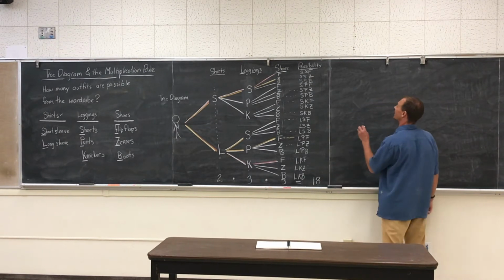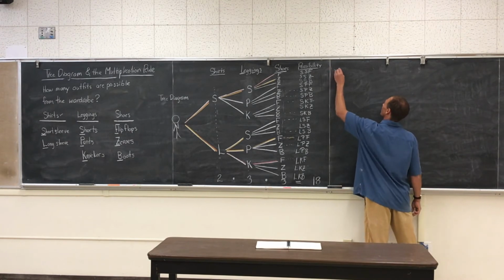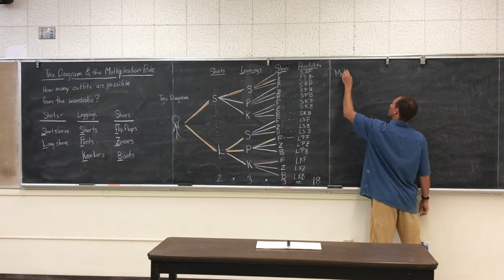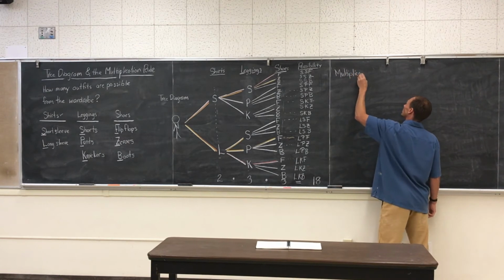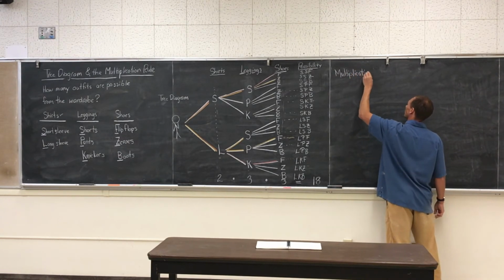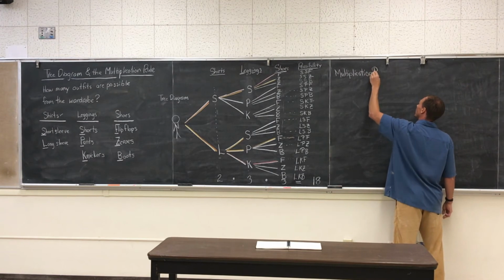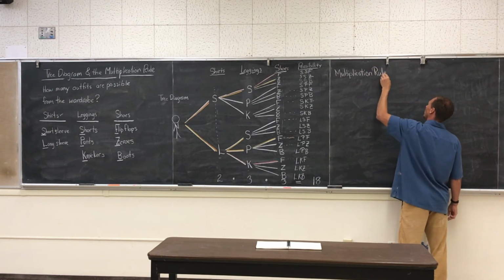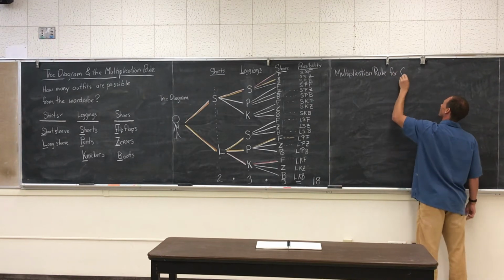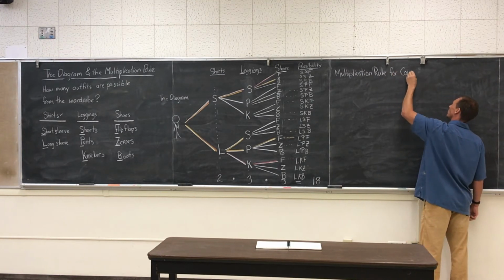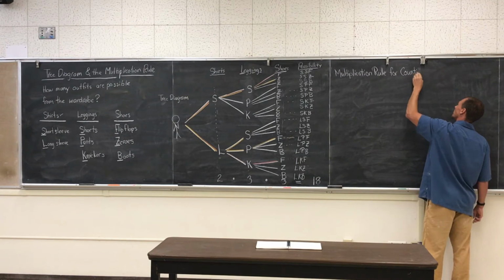So let me write that up here. The multiplication rule. We'll call it the multiplication rule for counting, because that's what we're doing. We're counting the number of wardrobes, outfits, counting.